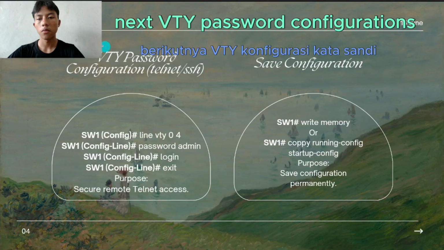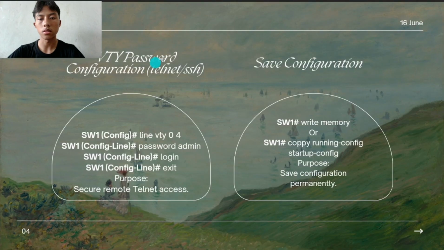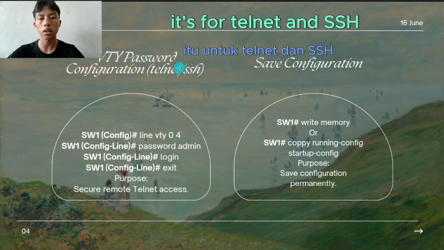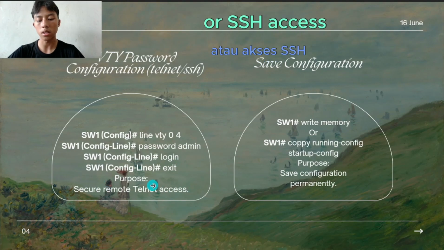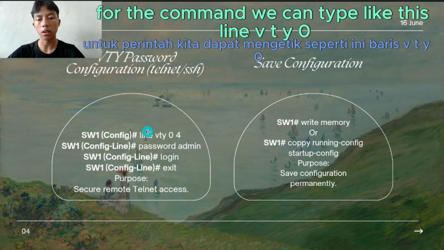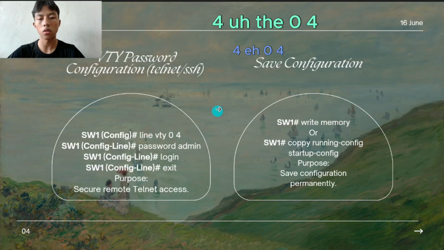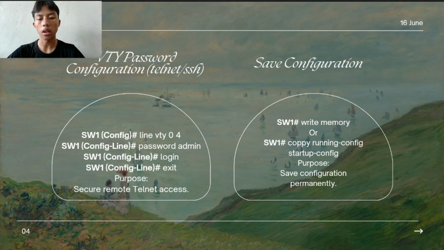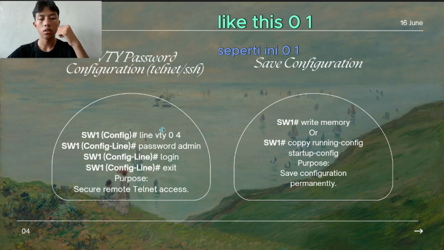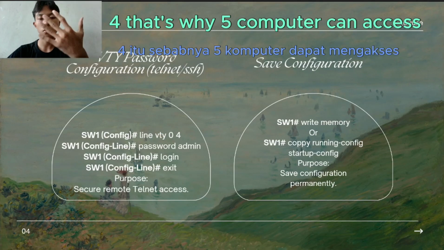Next, VTY password configuration. It's for telnet and SSH. This password is used for secure remote telnet access or SSH access. For the command, we can type like this: line vty 0 4. The 0 4 means 5 computers can access telnet or SSH, like this: 0, 1, 2, 3, 4.